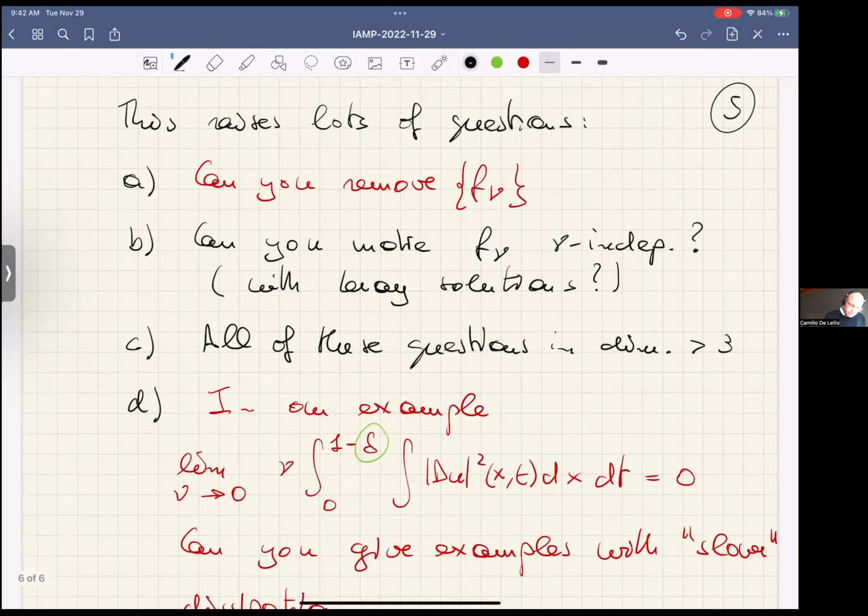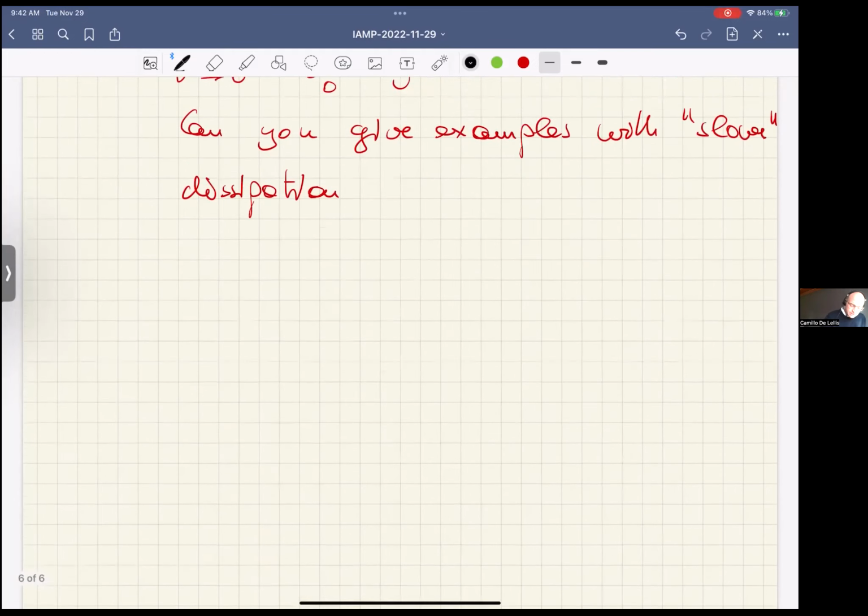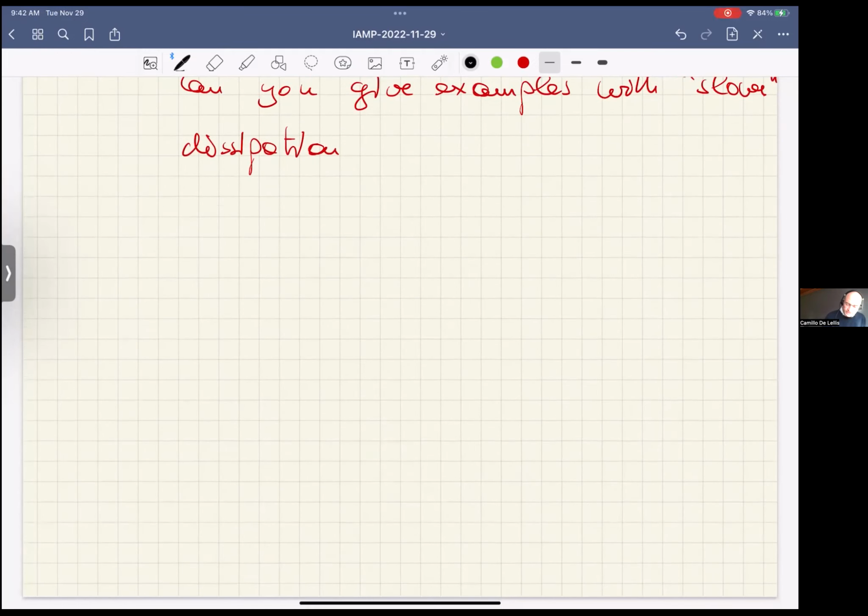Okay, so now let me spend the last, say, 15 minutes to give you a rough idea of the proof. Not the details, because there are, of course, some technical issues that you need to solve. But okay, here is the idea. First of all, we follow an idea which has already been used by other people in other contexts, not in this particular one.